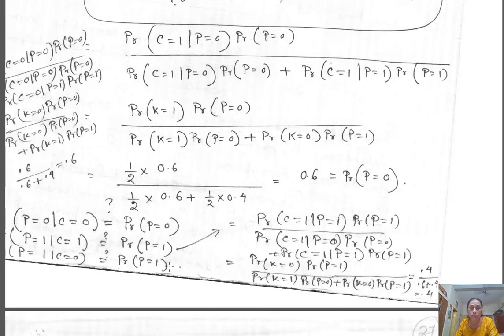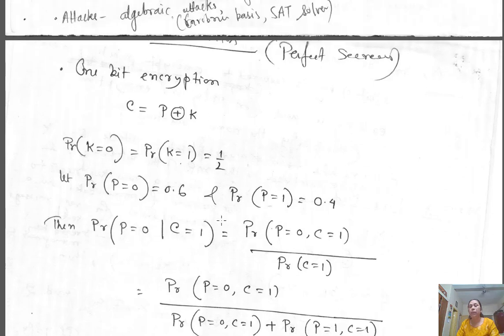So you have to check all. If the equality holds for all the pairs of plain text and ciphertext, then only does it have perfect secrecy.